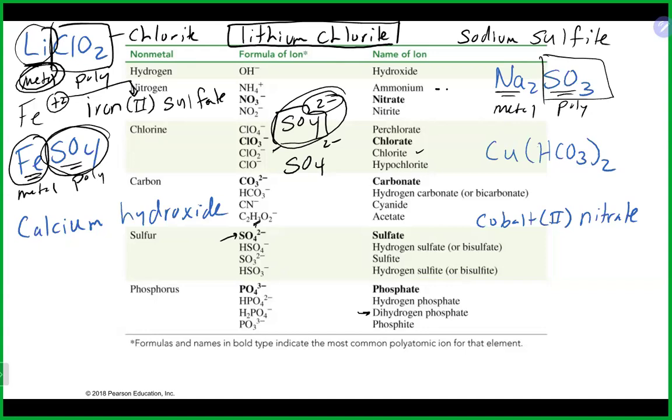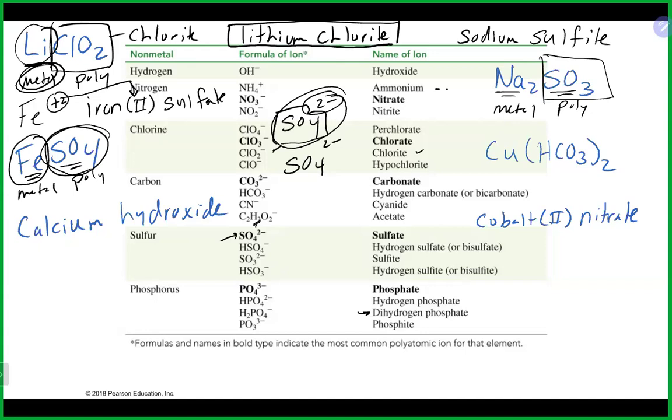So the idea of naming is just to tell people what you're dealing with, right? So because it's sodium, everybody knows it has a fixed charge. You don't need to tell people, hey, it's sodium 1. It can only be sodium 1. The reason we need, for example, a Roman numeral with iron is it's a type 2 metal. And in certain situations, like we have here, the iron that we're dealing with is the one that has a +2 charge. But you could also have an iron that has a +3 charge.